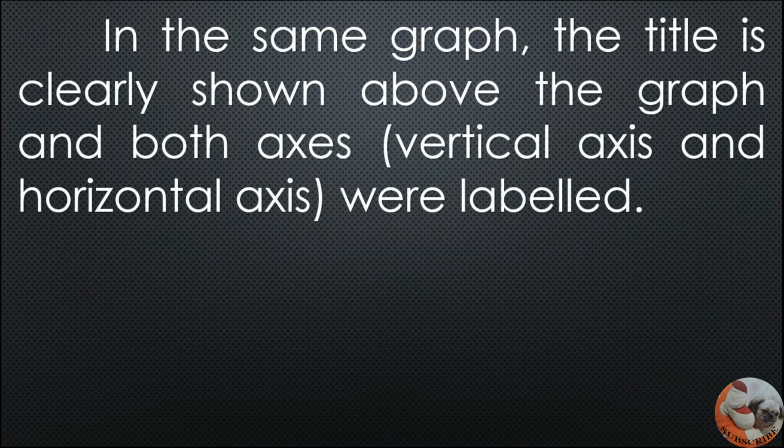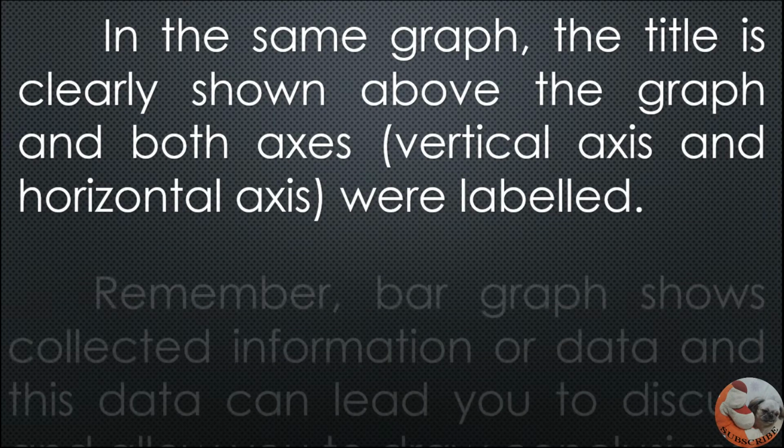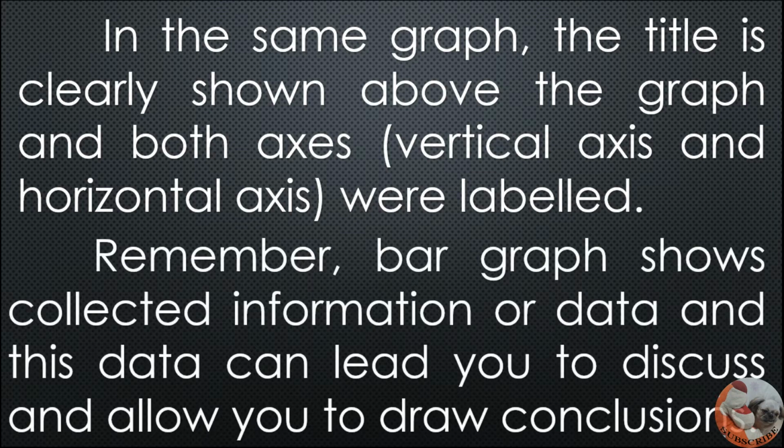In the same graph, the title is clearly shown above the graph, and both axes, vertical axis and horizontal axis, were labeled. Remember, bar graph shows collected information or data, and this data can lead you to discuss and allow you to draw conclusions.